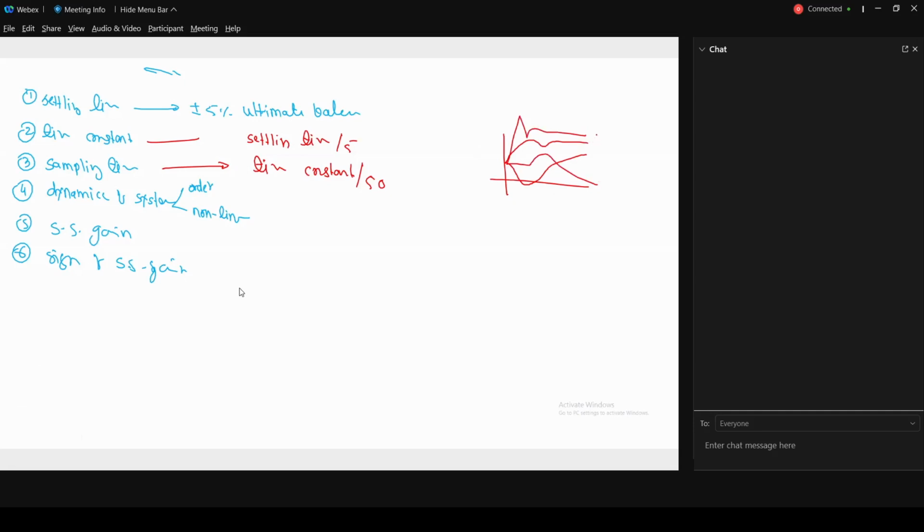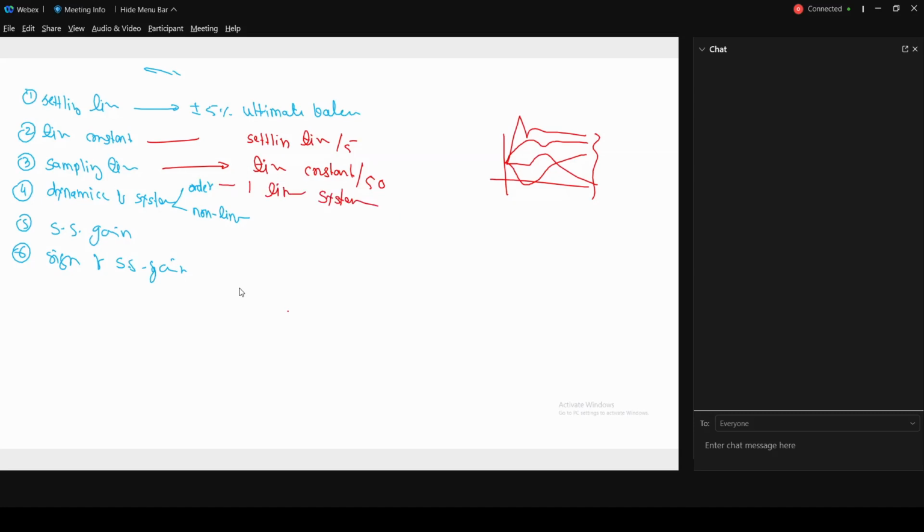So these are all the possible responses of a system. Our system at this point, the example we are considering, does not show any one of these. So we know that it's a first order, almost linear system. We understood this from the step response.